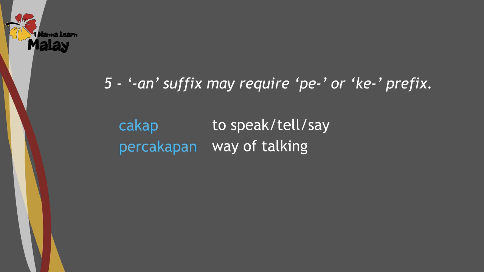There are a lot of words in Malay which require an additional prefix to a verb in order for it to make sense. Percakapan is one of them. Another example, we looked at rasa earlier, which is to taste or a taste. If we add perasaan, it means feelings.